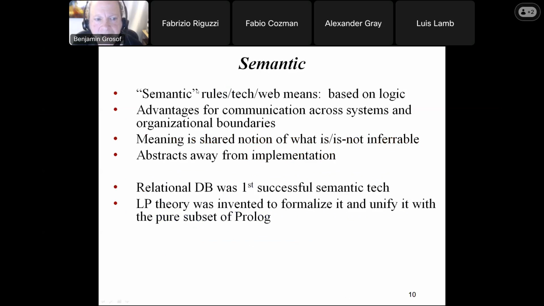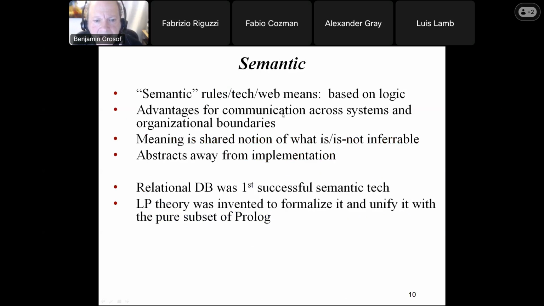What does semantic mean? It has a very specific meaning in logic and KR, which is somewhat distinct from the meaning that it is employed with in natural language processing. Basically it means based on logic, and this could apply to rules or technology or to the web. So we talk about semantic tech, semantic web.